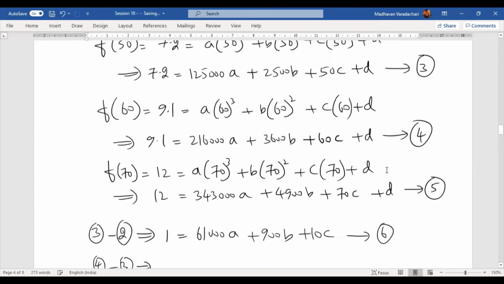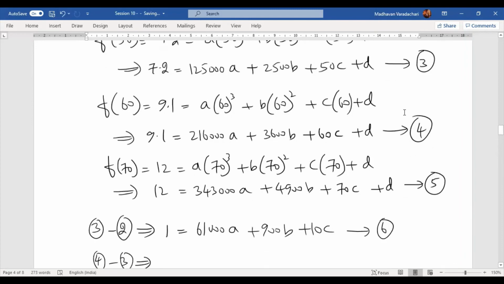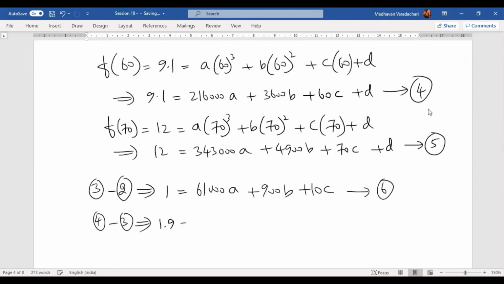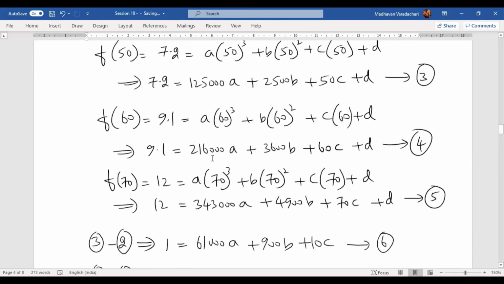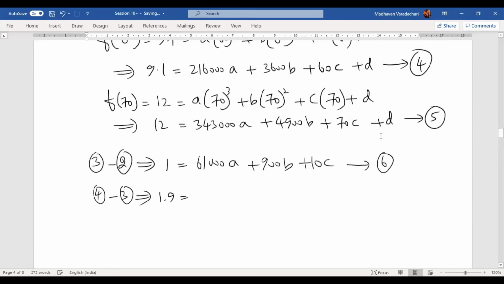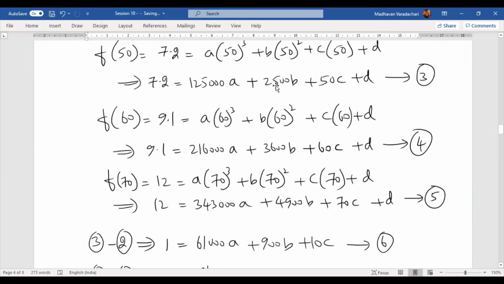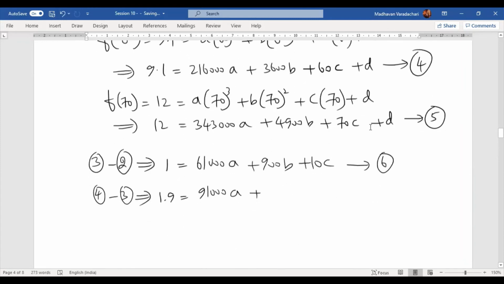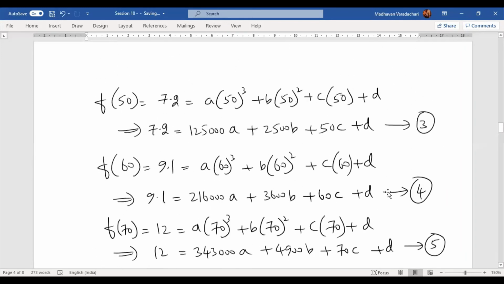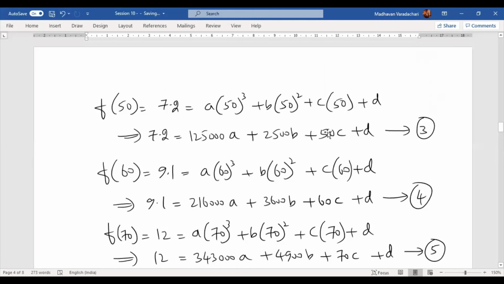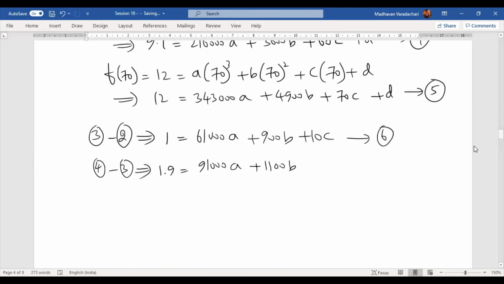So what do I get? 9.1 minus 7.2, you get 1.9 is equal to 216,000 minus 125,000, so how much do we get? 91,000 A, plus 3,600 minus 2,500, we get 1,100 B, and then 60 minus 50 is again 10C.